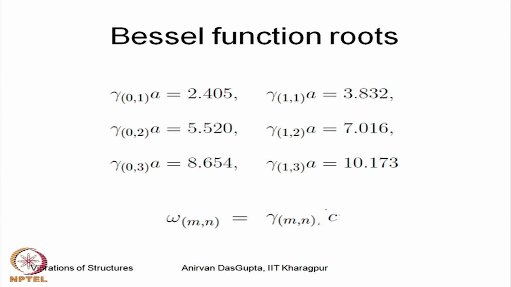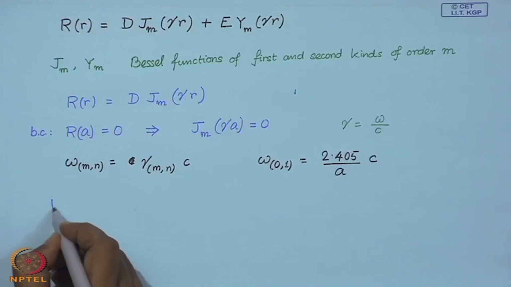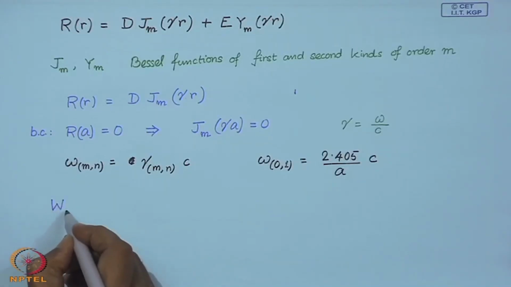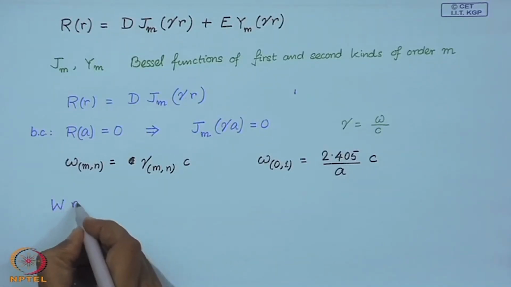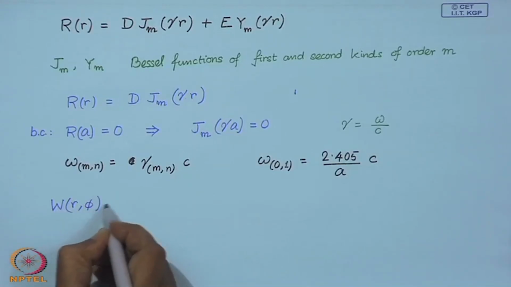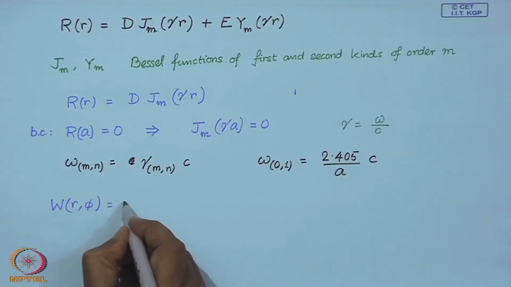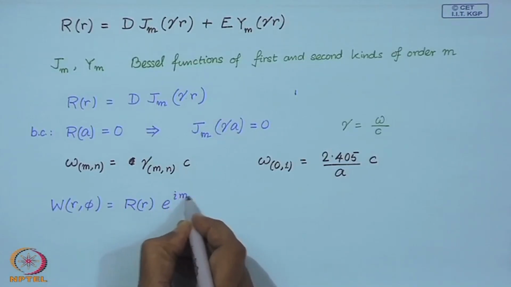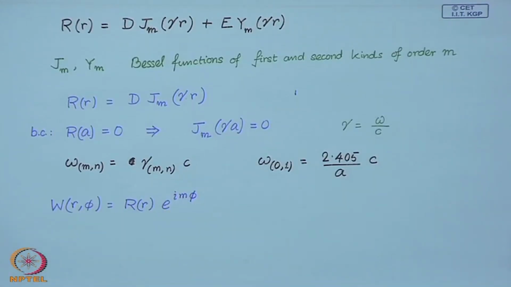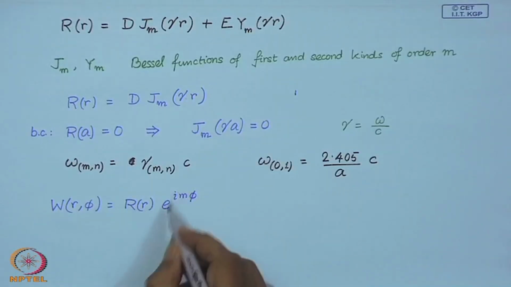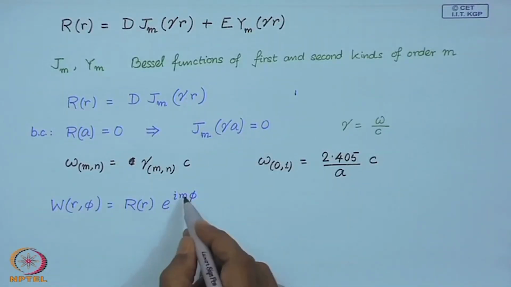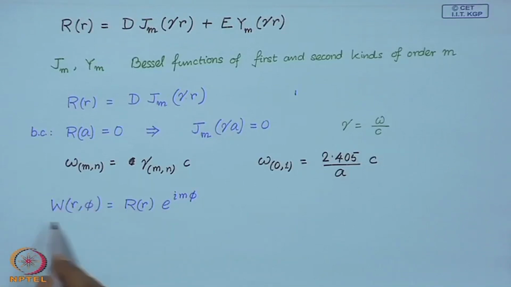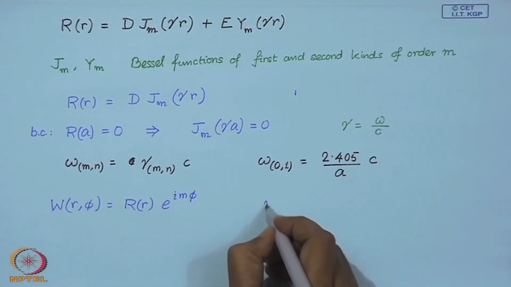Let us once again have a look at our solution, which was in this form. Now, when m is equal to 0, we have what are known as the axisymmetric modes.